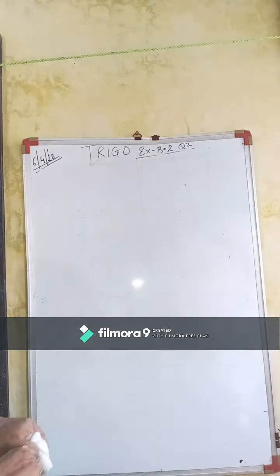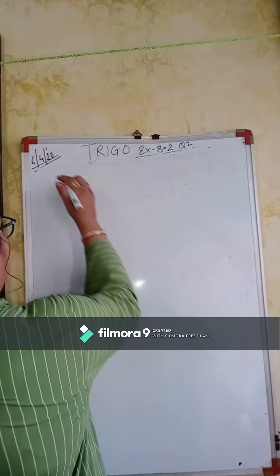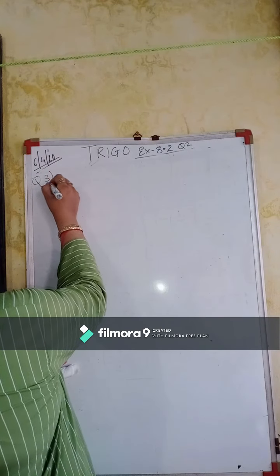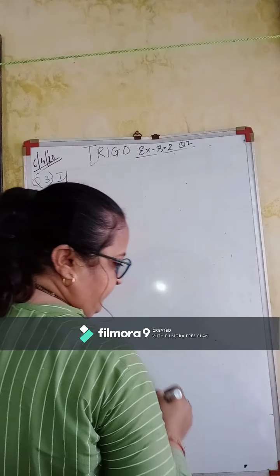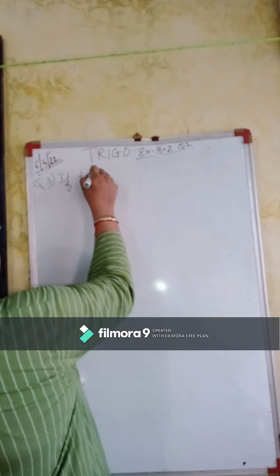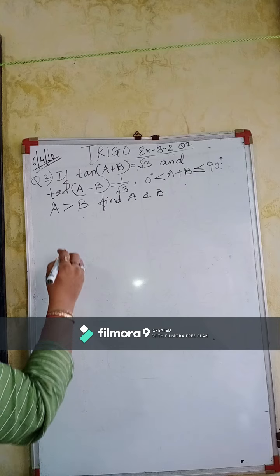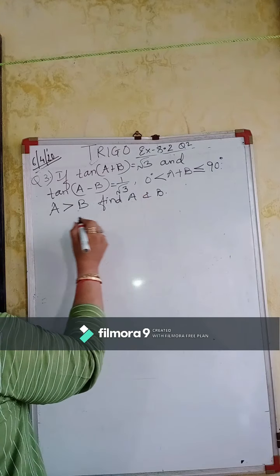We'll go for question 3. If tan(A plus B) is root 3, simple, we have seen it in one of the examples.